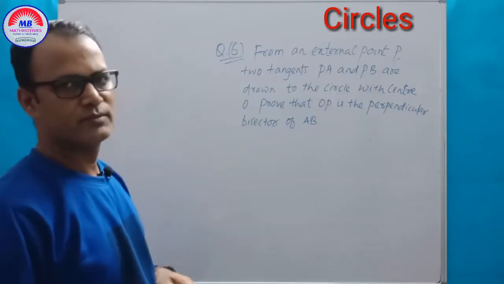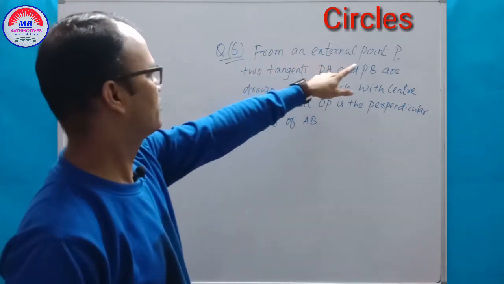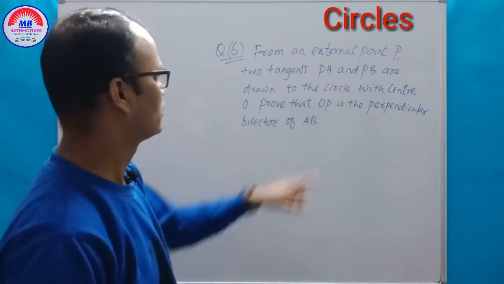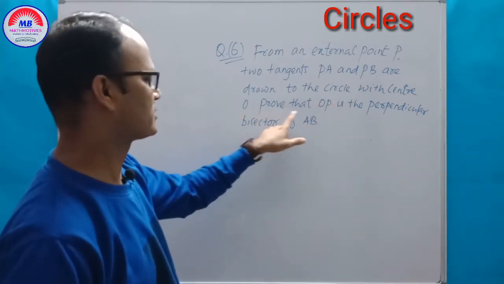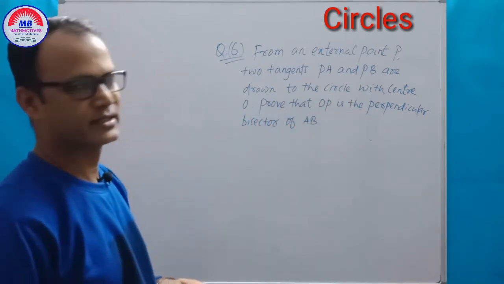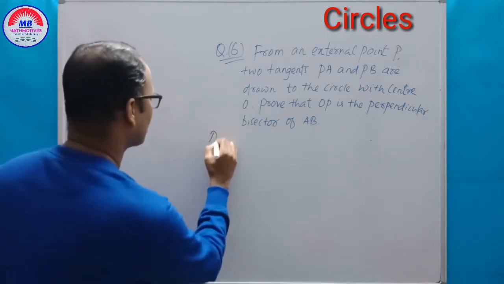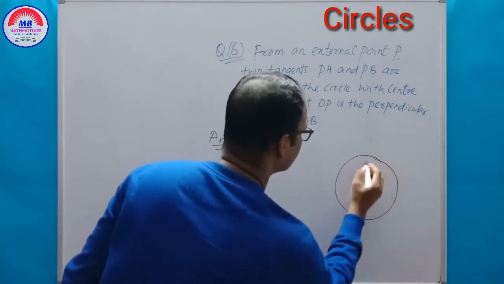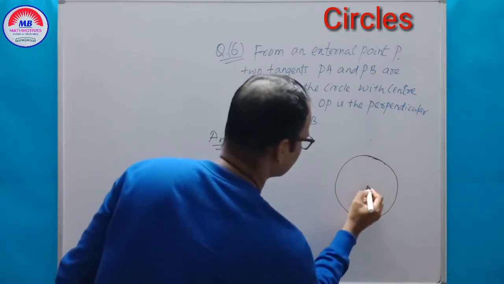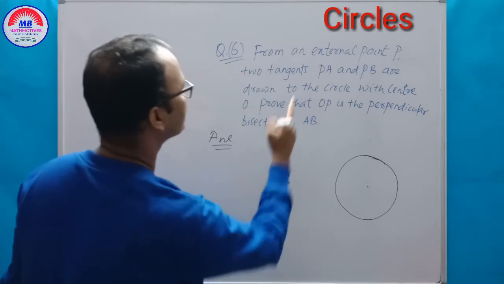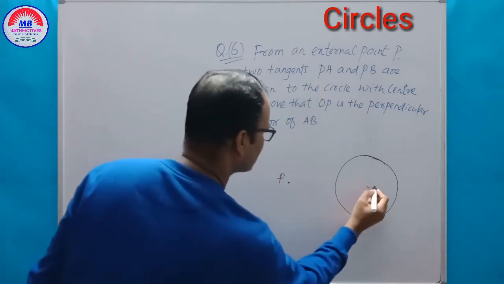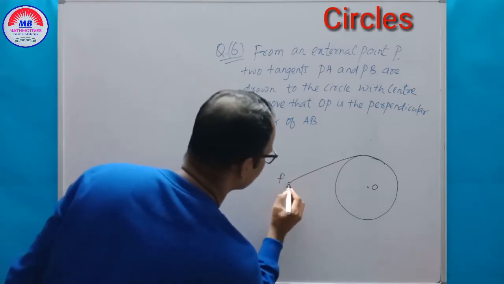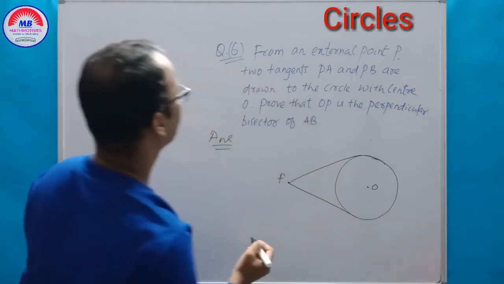Question number 6. From an external point P, two tangents PA and PB are drawn to the circle with center O. Prove that OP is the perpendicular bisector of AB. Now you see, this is the circle, the external point P, center O, PA, PB.